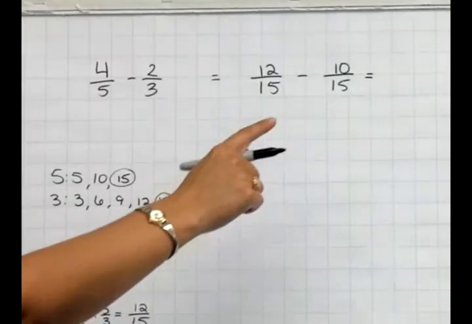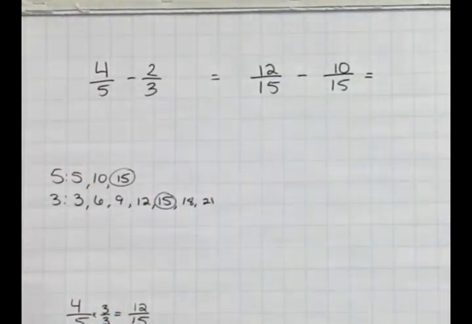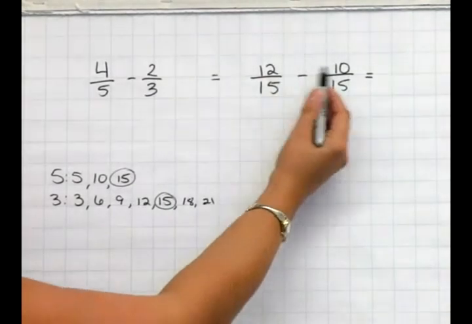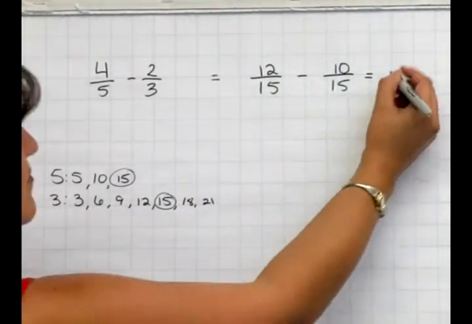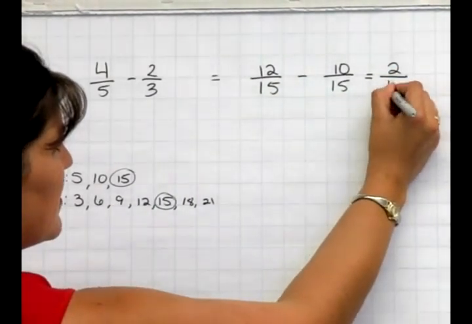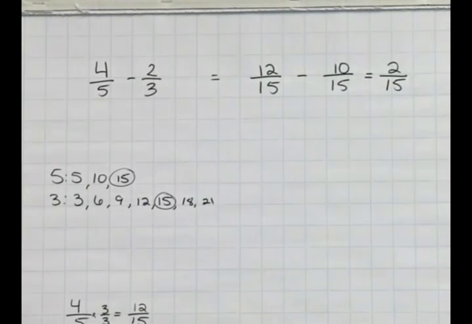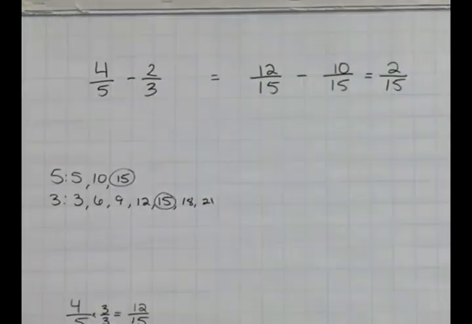Now, my problem has common denominators, 12/15 minus 10/15. Now I can subtract. Remember, I'm only subtracting the numerator. 12 minus 10 is 2, and my denominator stays the same. So 4/5 minus 2/3 equals 2/15.